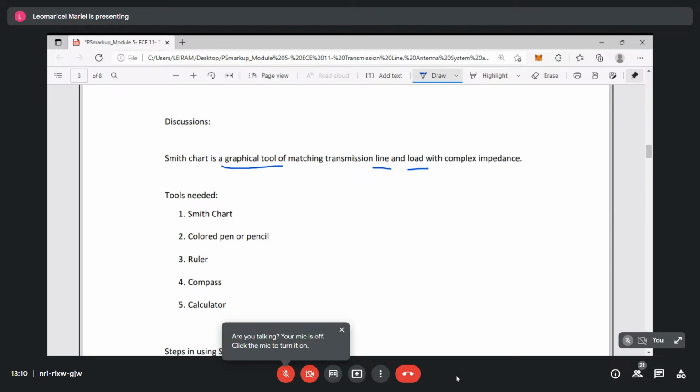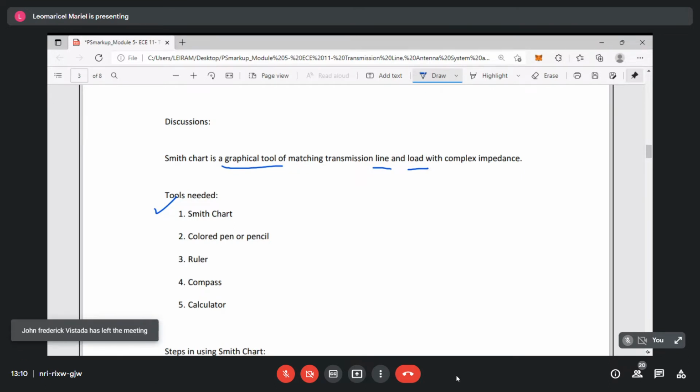What are the tools needed to determine these values or parameters? First, you need a Smith chart, a graphical piece of drawing that has values in it for SWR, reflection coefficient, load impedance, and line impedance.